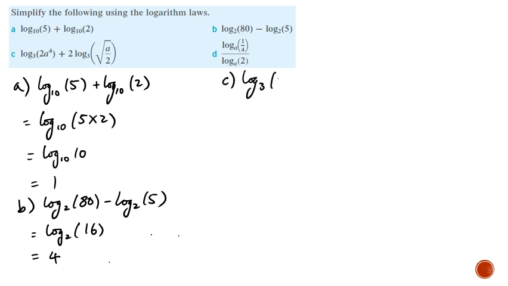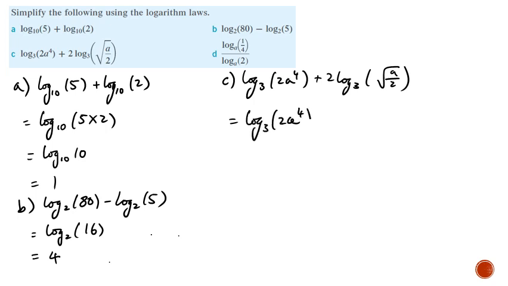Log 3 of 2a to the power of 4 plus 2 log 3 square root of a over 2. Okay, so the best way to do this is to rewrite the second one with the log law first, so we get rid of the power.